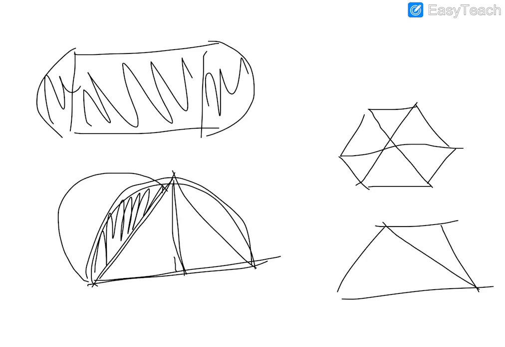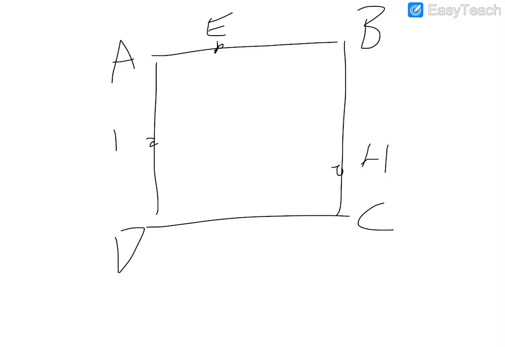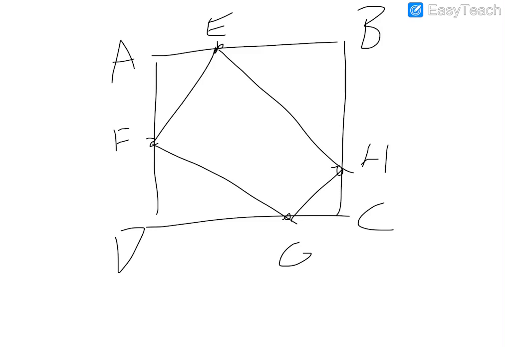So finally, I'll leave you with one practice problem. Okay, I'll give you a square. This is A, B, C, D, and this is a square, so all sides are equal. And now let's say we have this point E, this point H, this point F, and this point G. And I'll draw this.